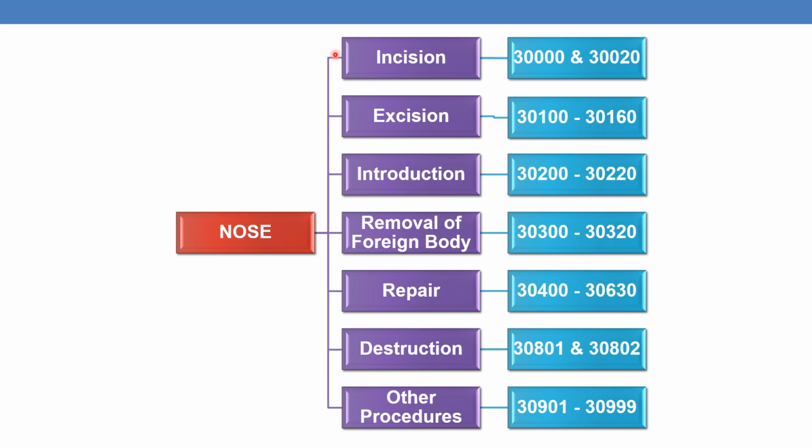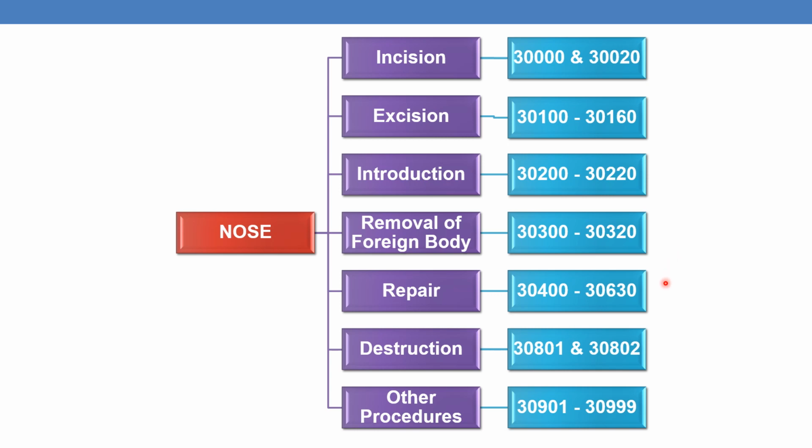The CPT range for incision is 30000 to 30020. For excision, it is 30100 to 30160. For introduction, it is 30200 to 30220. For removal of foreign body, the CPT range is 30300 to 30320.